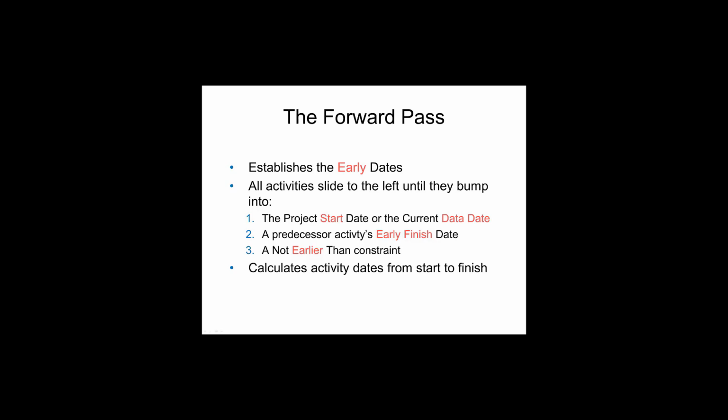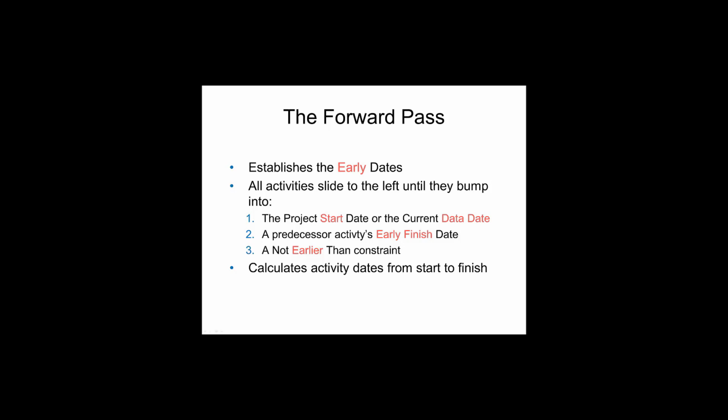If you can imagine the activity bars on your bar chart, try to slide them as far to the left until they bump into one of three things: either the project start date, or the current data date, or status date, or a predecessor activity's early finish date, or a not earlier than constraint.